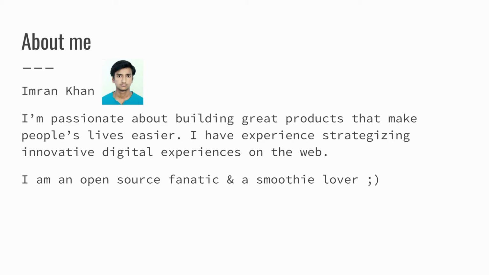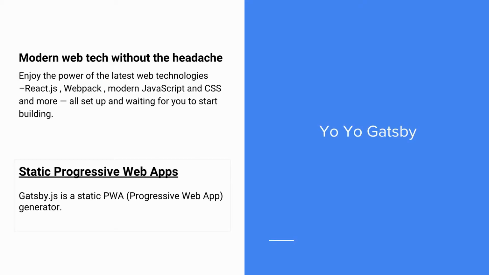Gatsby allows you to enjoy the power of the latest web technologies such as React.js, Webpack, modern JavaScript and CSS and much more, all set up and waiting for you to start building. Another advantage of using Gatsby is that you can bring your own data from any source.